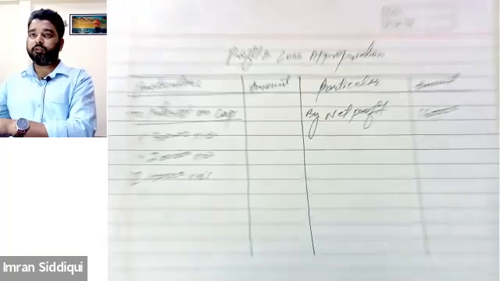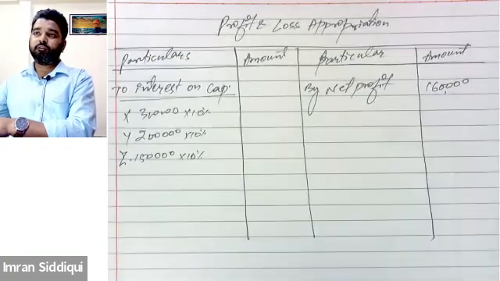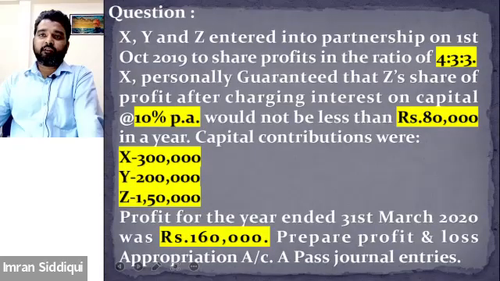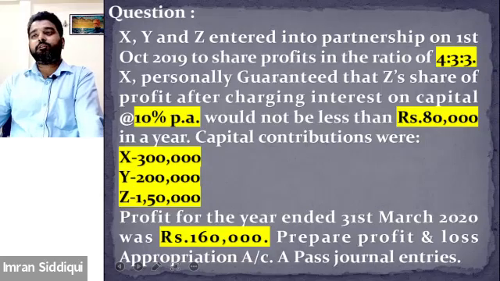Okay. But it is given in the question that they started doing the business from the 1st of October. They entered into partnership starting on 1st of October 2019, right? So that means partners will be paid interest for only a 6-month period.